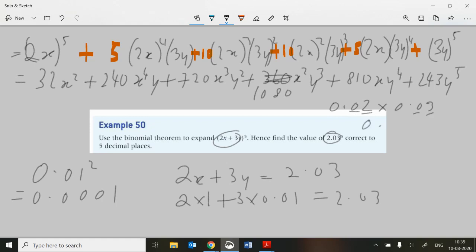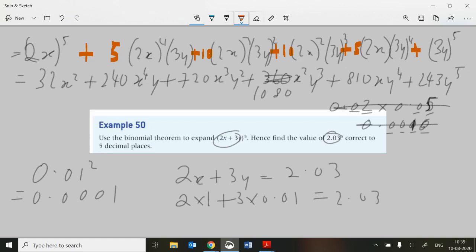Then when you times them together, you'll get 1, 2, 3, 4 spaces it will go back to. So hundredths times hundredths gives you ten-thousandths. And if you end up with a 0 there, if this was a times by a 5, then of course that's going to give you a 1 and a 0 on the end. So you just need to be aware of some of these little tricks. And hopefully you've got strong numeracy skills anyway.